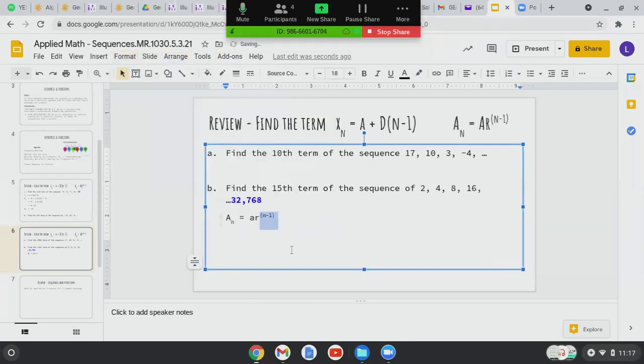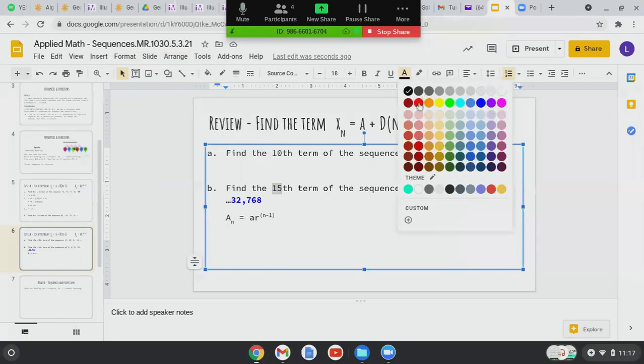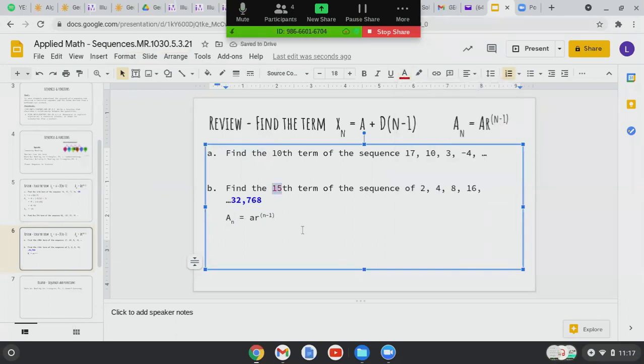Now we want the 15th term. So we know our N is 15. How's the sequence moving? What's R? Times 2. Times 2.